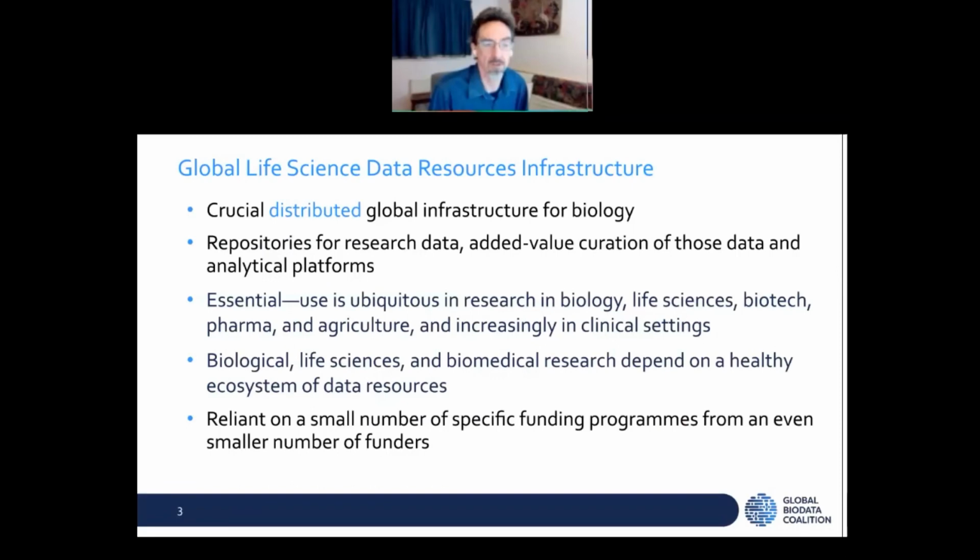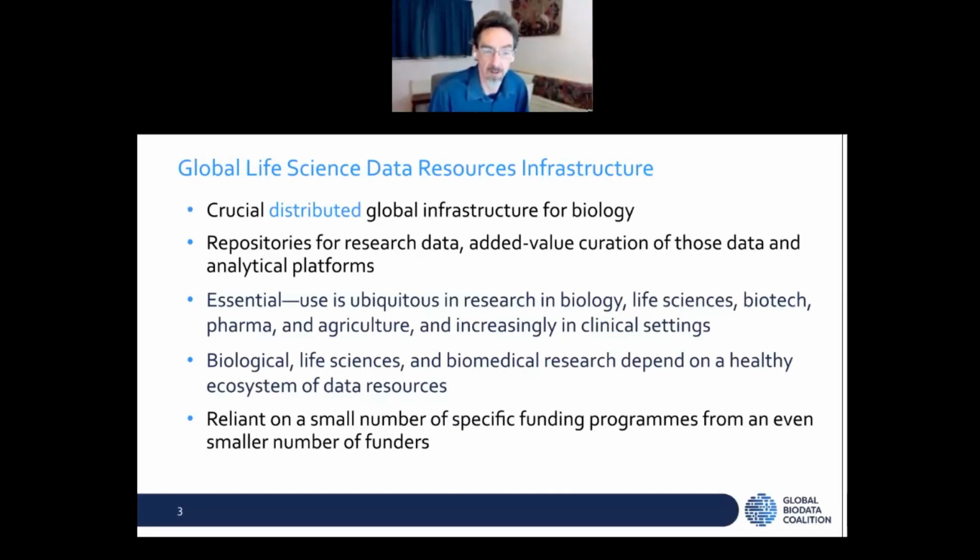And these are, as this audience probably knows, repositories for data. They provide added value curation. They're absolutely essential for the research effort worldwide now. Everyone uses them in life sciences, biotech, agriculture, as you know. The research infrastructure depends upon these data resources.